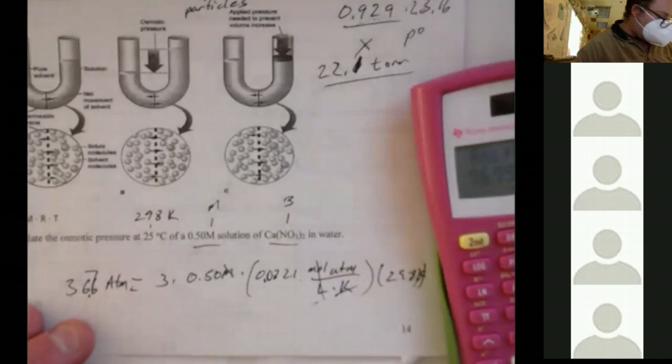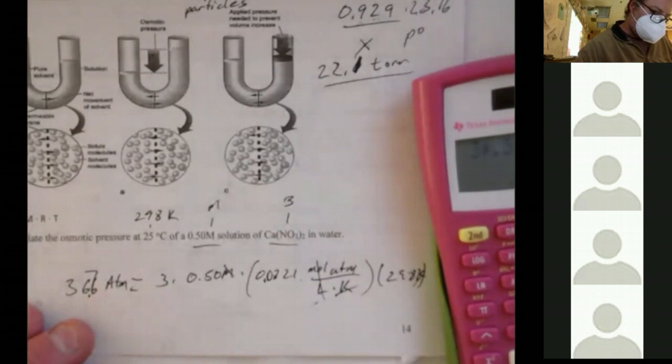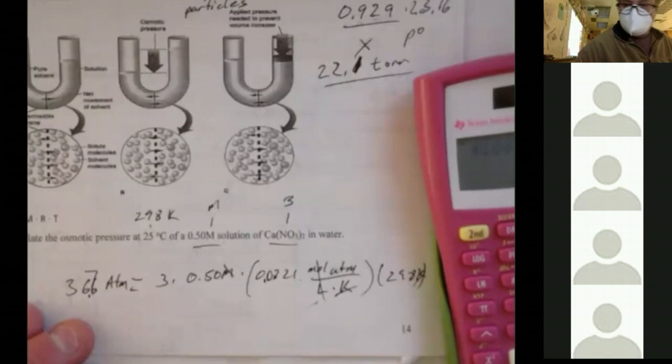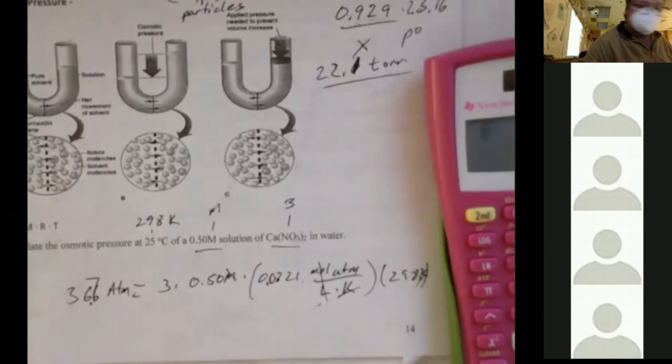R constant is from our gas laws. 0.0821. Remember that one? No? Would you forget all the gas laws? Yeah, pretty much. That was last semester, right? I mean, all those are constants.